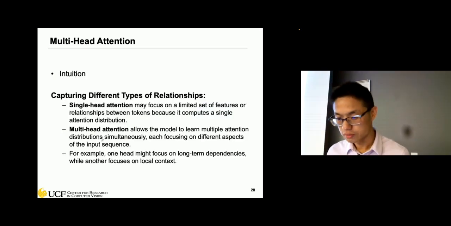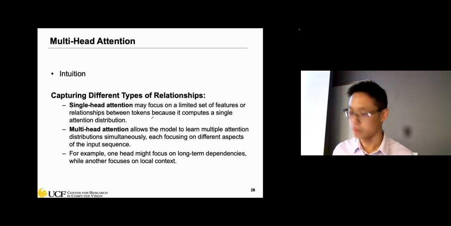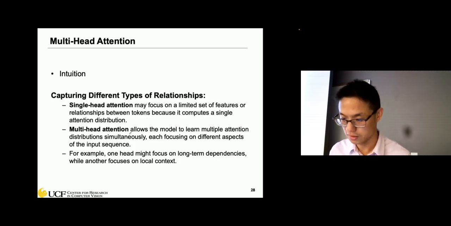So the intuition for this multi-head attention is you're trying to capture different types of relationships. A single head attention may focus on a limited set of features or relationships because it only computes a single attention, but maybe another attention head tries to capture another type of relationship.